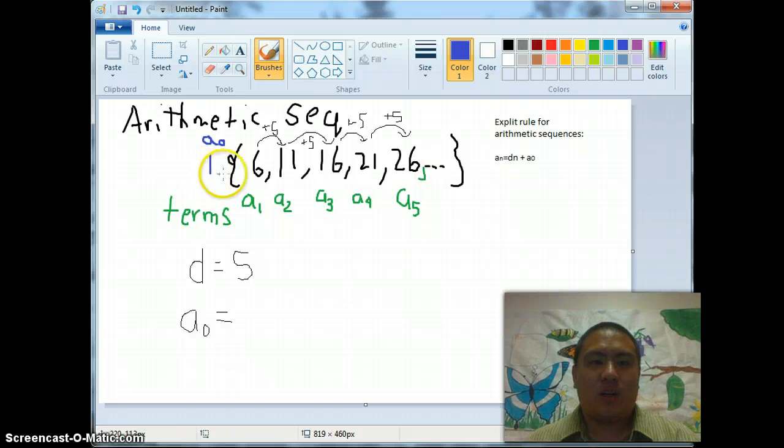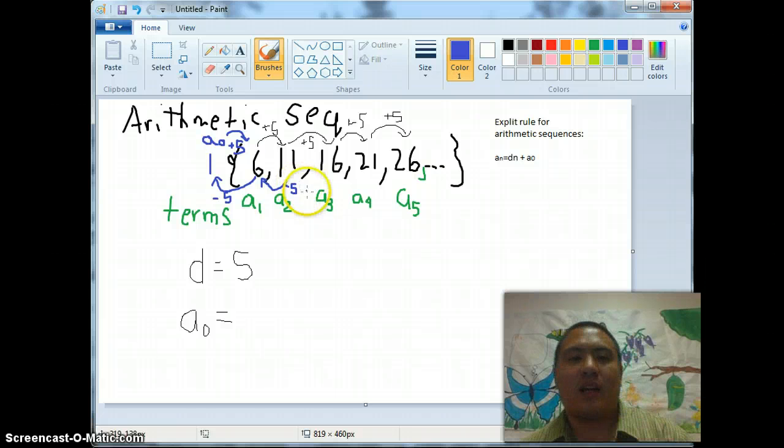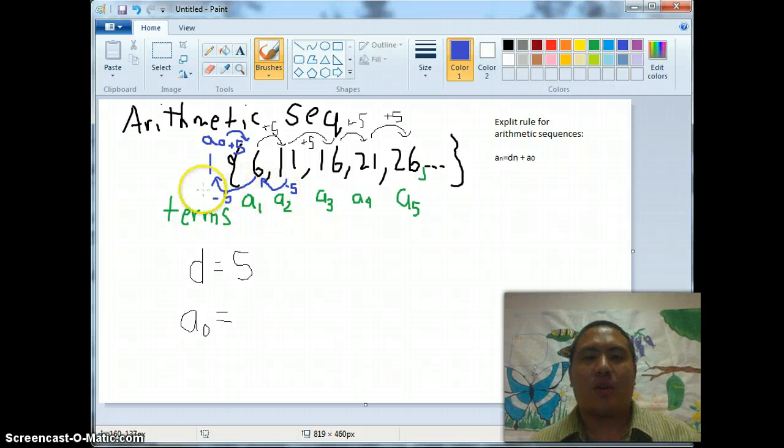The way we get to 1 is that 1 plus 5 gives me 6. Going the other way, 6 minus 5 gives me 1. 11 minus 5 gives me 6. 16 minus 5 gives me 11. That's arithmetic. You can go forward by adding 5 for each term, or subtract the same number the other way. So a sub 0 is 1.